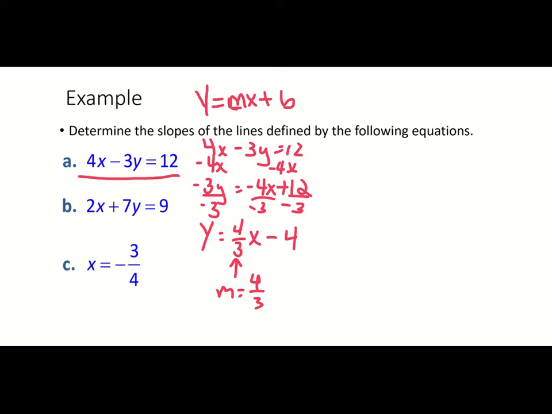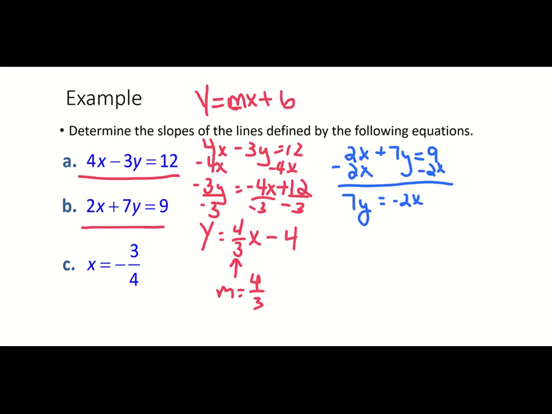All right, let's take a look at B. And we have 2x plus 7y equals 9. I'm going to start by subtracting 2x from both sides. And that gives me 7y equals negative 2x plus 9.